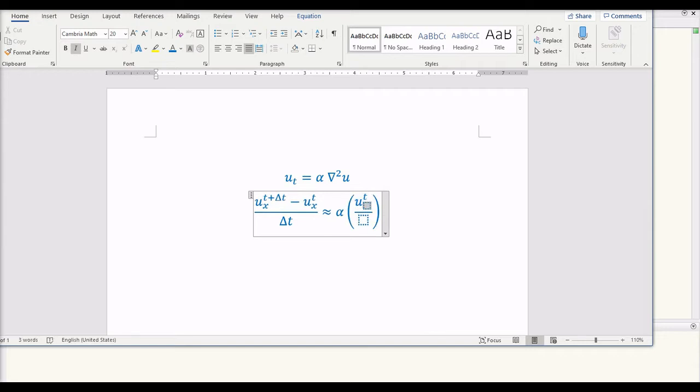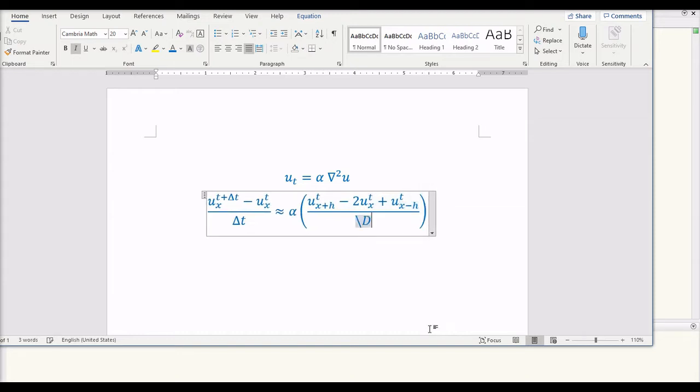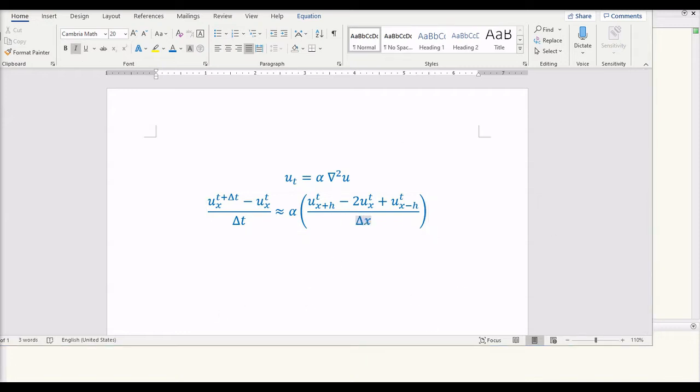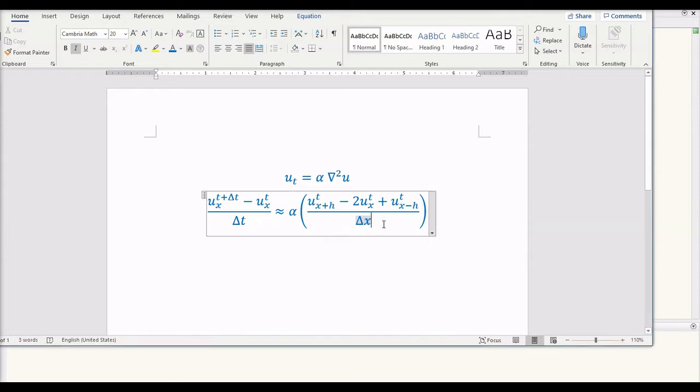So this is going to be u at x plus h, minus 2u^t at x, plus u^t at x minus h, all over delta x, the quantity, squared.